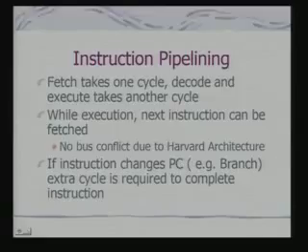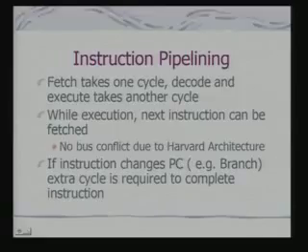When you go to a complex processor, you will find more complex multi-stage pipeline support. Here it is just a support such that I have an overlap of an instruction execution and instruction fetch. Now, you find that in this case of instruction pipelining, fetch takes 1 cycle, decode and execute takes another cycle.